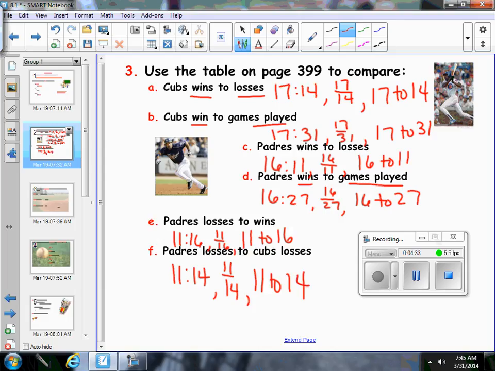Okay, any order you can put these examples on how to write the ratio, it does not matter. But what does matter is the order that it's asked. Padres losses to Cubs losses. That's the order that you need to put the ratio in.